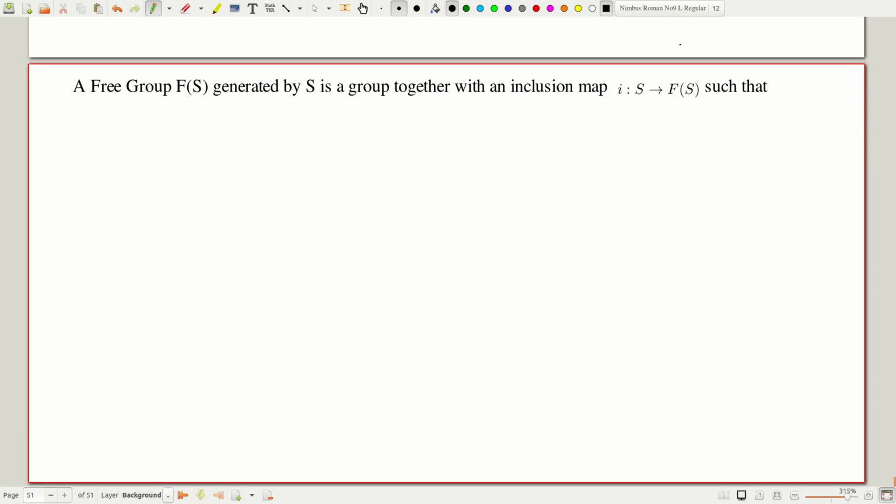So our basic setup is the free group generated by S, let's call it F of S, or we just call it F. It is a group F of S together with an inclusion map such that the following happens.